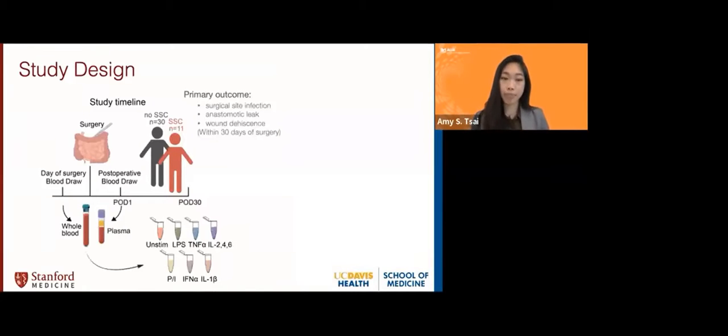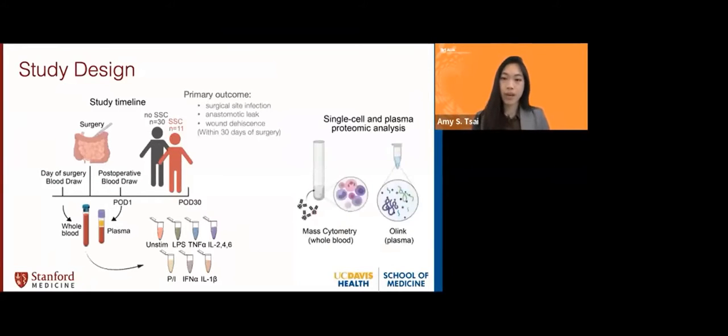Blood samples were collected at baseline, before surgery, as well as on postoperative day 1. The whole blood samples were either left unstimulated to study the endogenous activity or stimulated with cytokines. These samples were then analyzed using mass cytometry, and in parallel, the plasma concentration of 272 proteins were quantified using Olink.